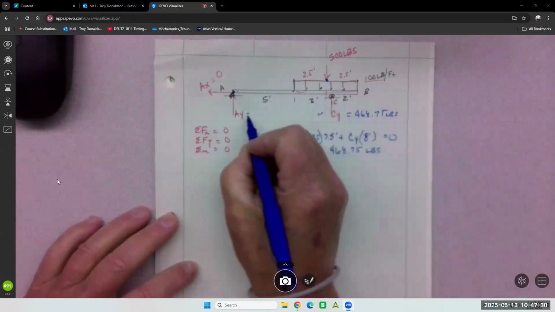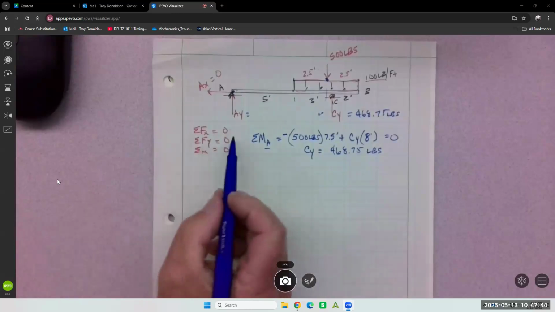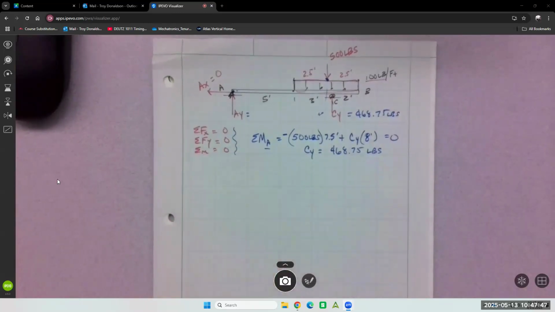And then how can we get AY? So forces in the Y. I know I got 500 coming down. I have 468 going up. And I need a little bit more, AY going up, right? To balance this thing out because everything is equal to 0 in statics.